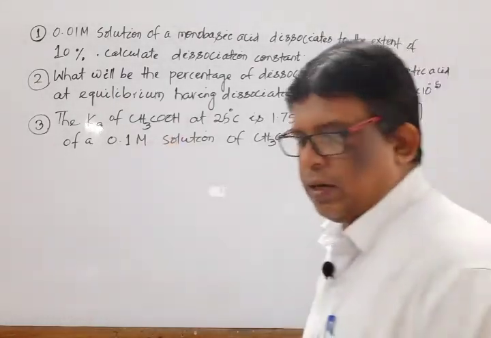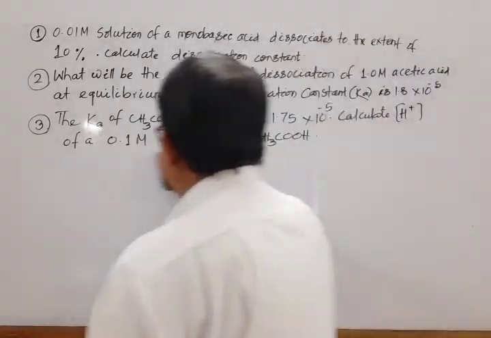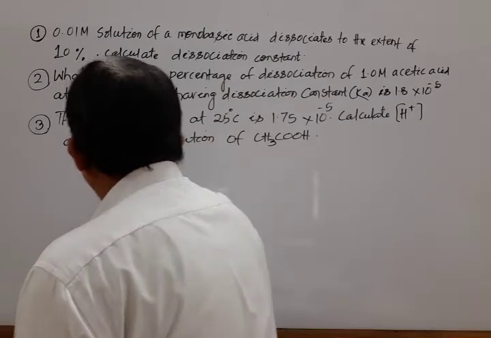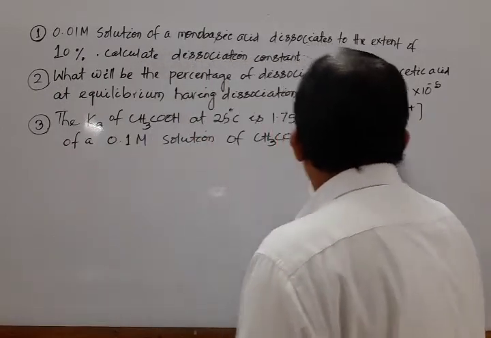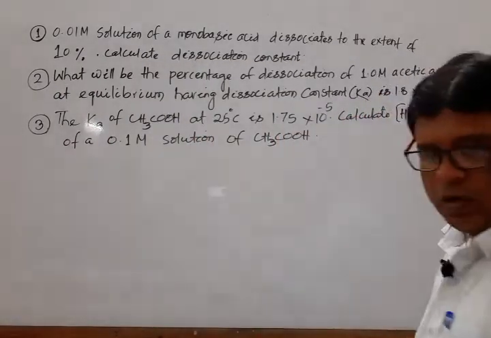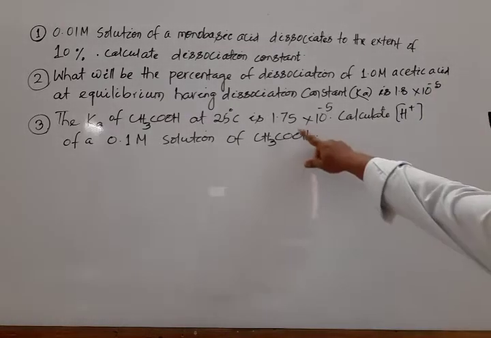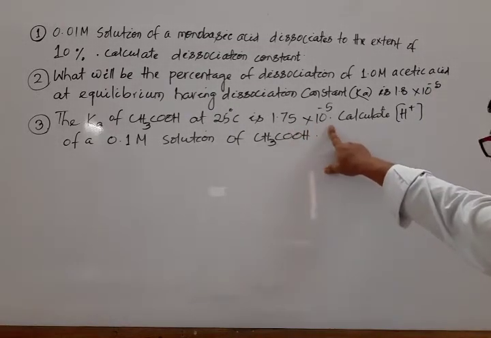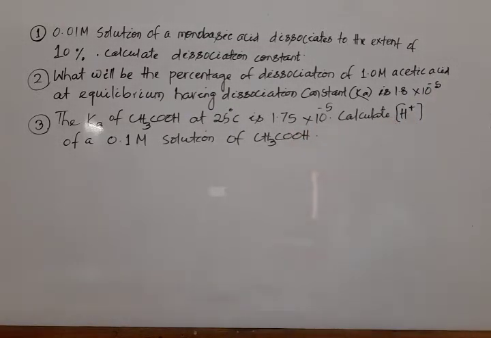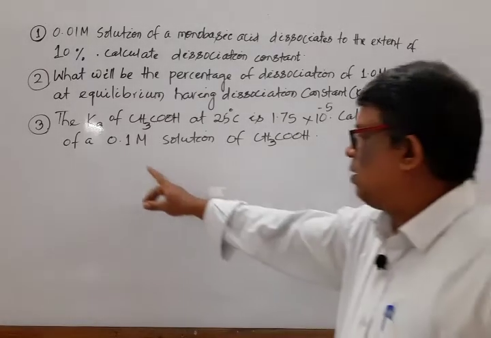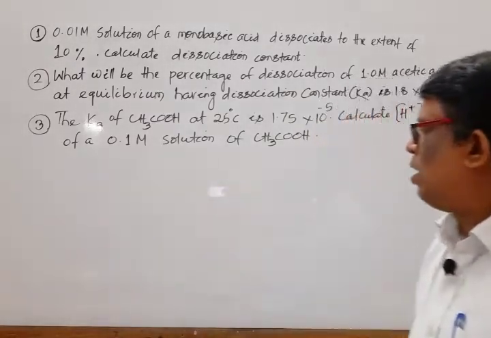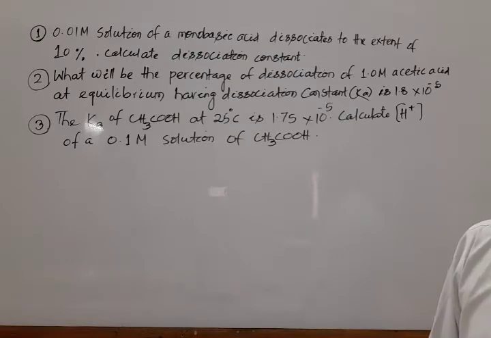The dissociation constant Ka of acetic acid. Mark that. The dissociation constant for acetic acid at 25 degrees centigrade is 1.75 into 10 to the power minus 5. Calculate the H plus ion concentration of a 0.1 molar solution of acetic acid.